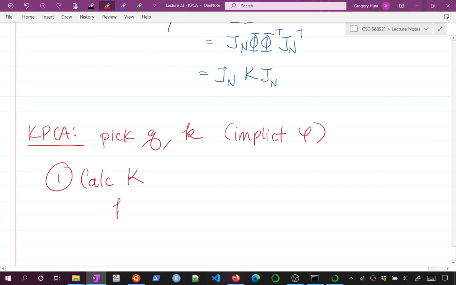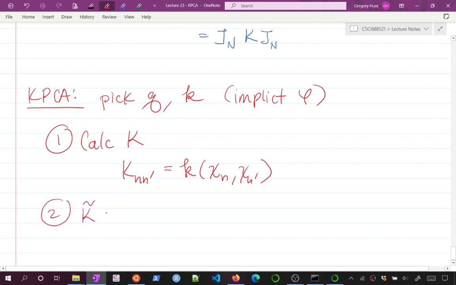And how do I do that? The element n, n prime of K, we just throw our original data into this kernel that we chose.